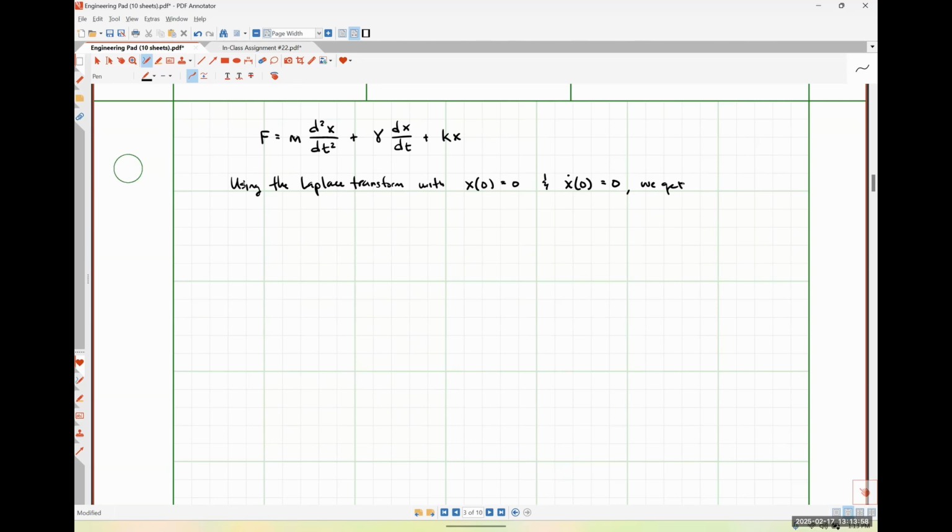And so I'm going to come out with the relationship that my force is equal to my mass times my Laplacian operator s squared times x, plus my damping coefficient multiplied by s times x, plus k times x. And now I can pull out all of those terms and I'll get m s squared plus gamma s plus k, all multiplied by x.